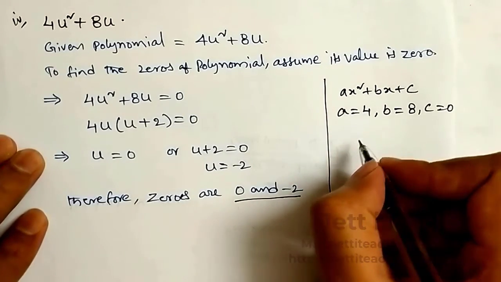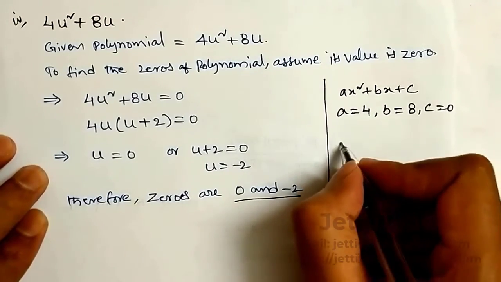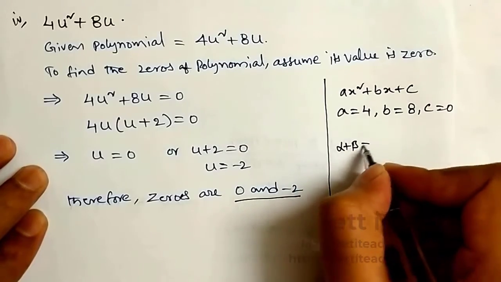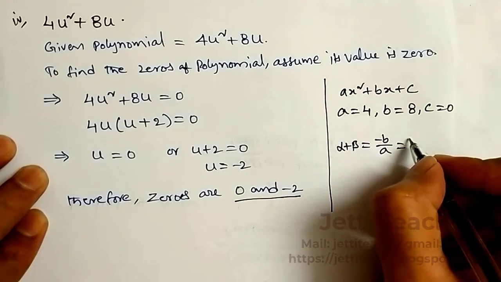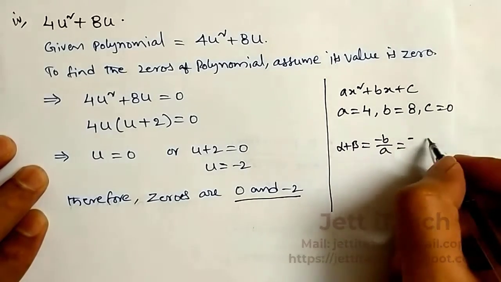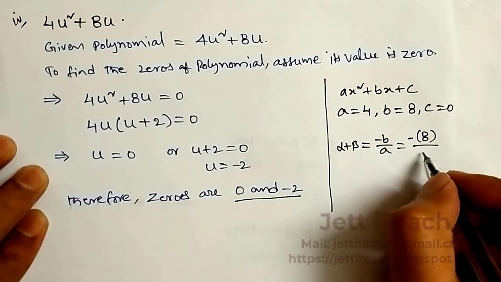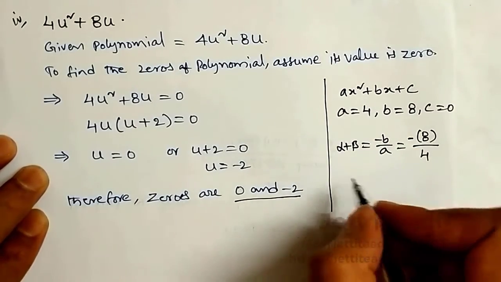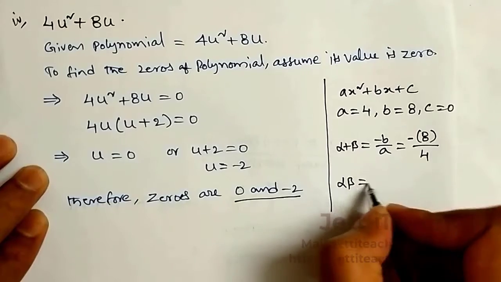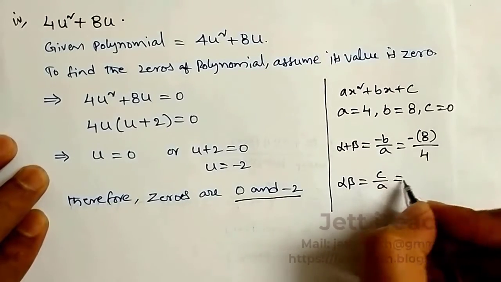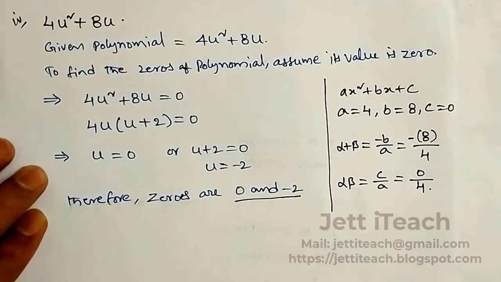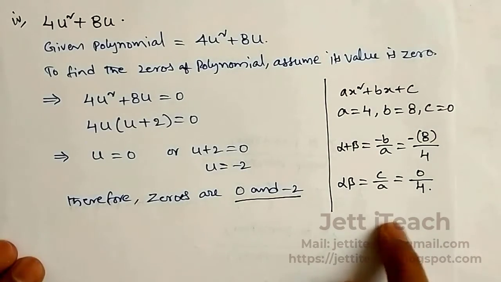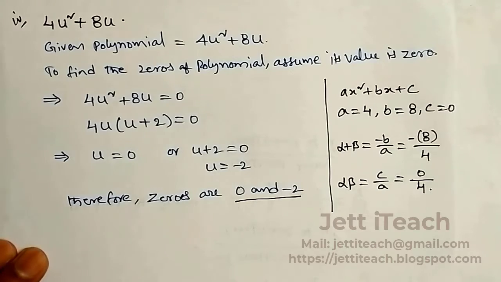By using the formula, the sum of the zeros, alpha plus beta, equal to minus b by a, minus 8 by 4. Similarly product of zeros is c by a, c is 0 by 4. I will let you know why I wrote like this.